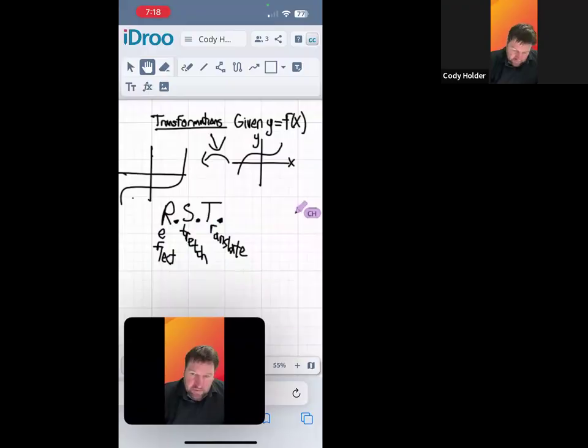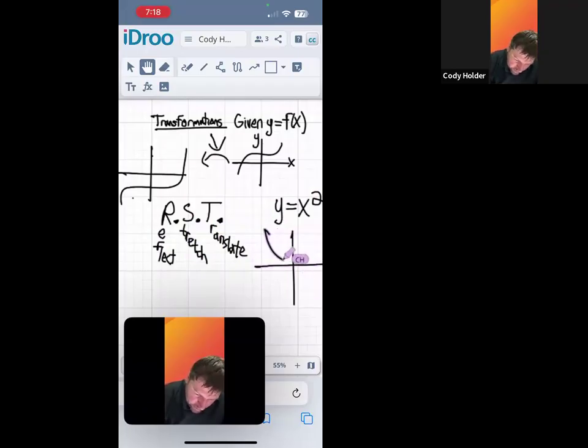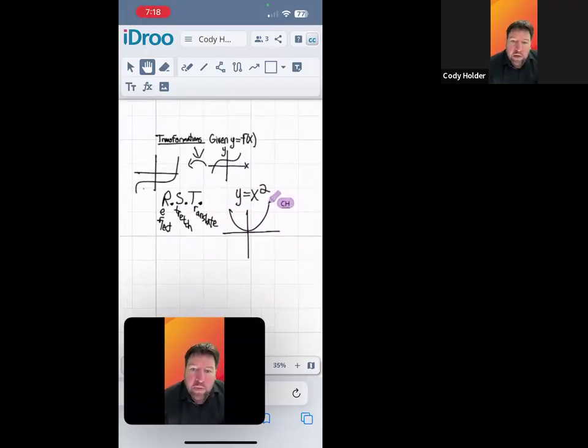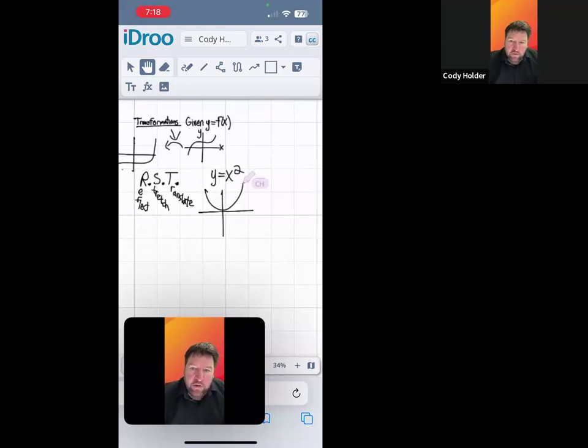Okay, well, let's look at a specific example. Say we're given y is equal to x squared. This is a parabola like this through the origin. And say we wanted to shift it. Say I want to shift up by 2 units.